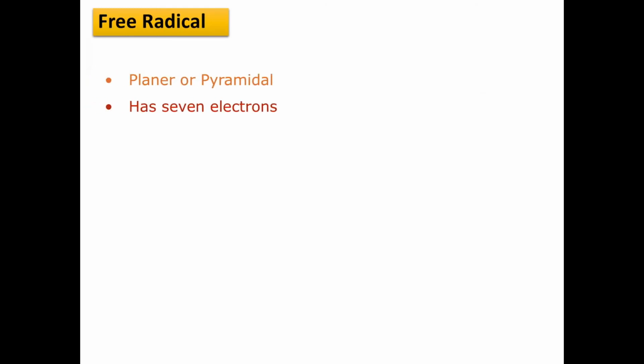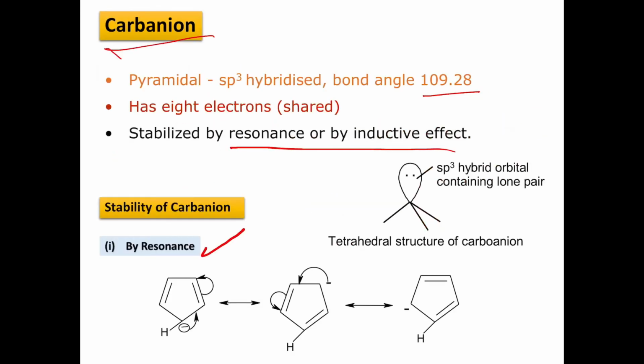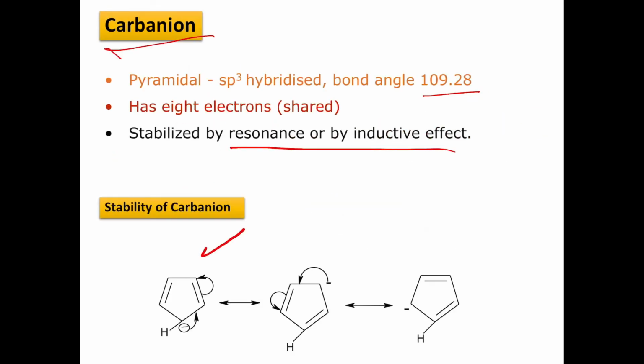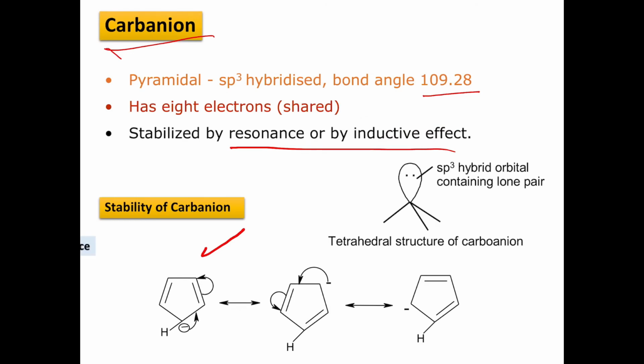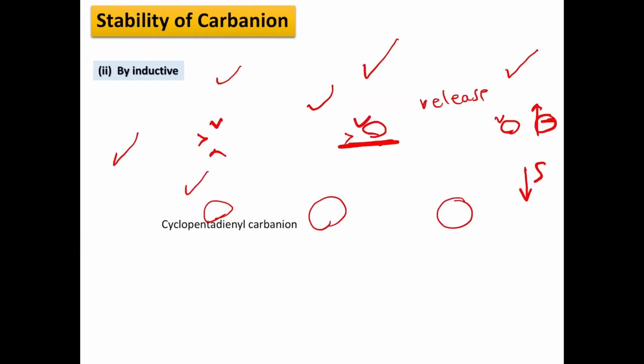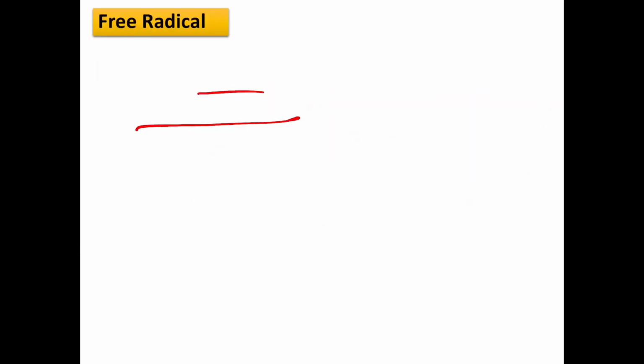We have the free radical. For sure, negative charge and free radical have a planar or pyramidal shape. They have 7 electrons. If you remember, in the previous one we had 8 electrons for the negative and 6 for the positive.